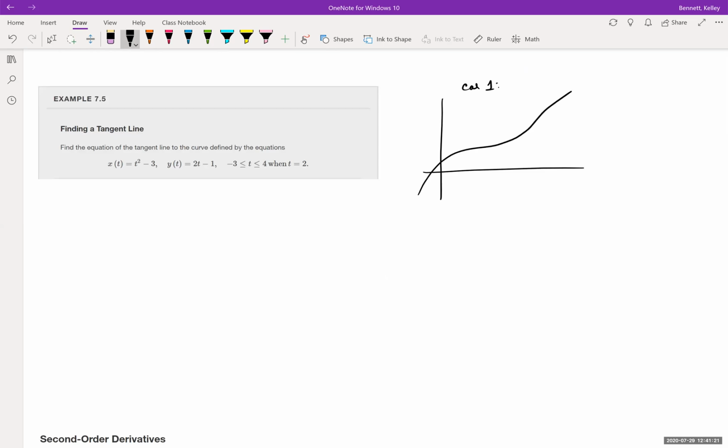You have a function, f of x equals y, and you want to find the tangent line to it. Right, and this is some point A. So if this is A, then this is f of A, and the slope of this line is just the derivative of f evaluated at A.